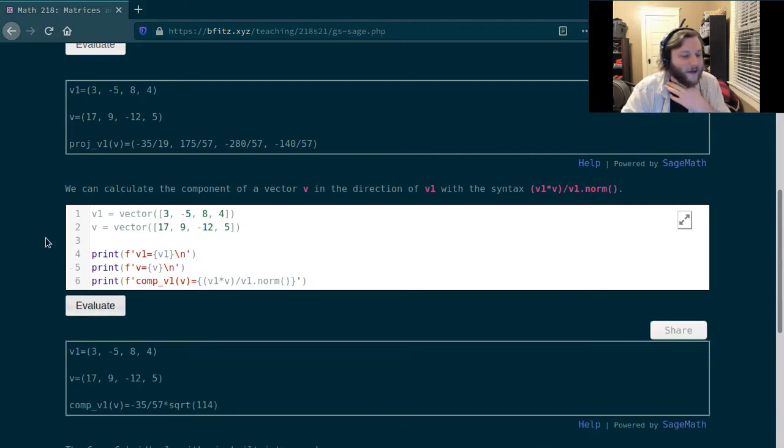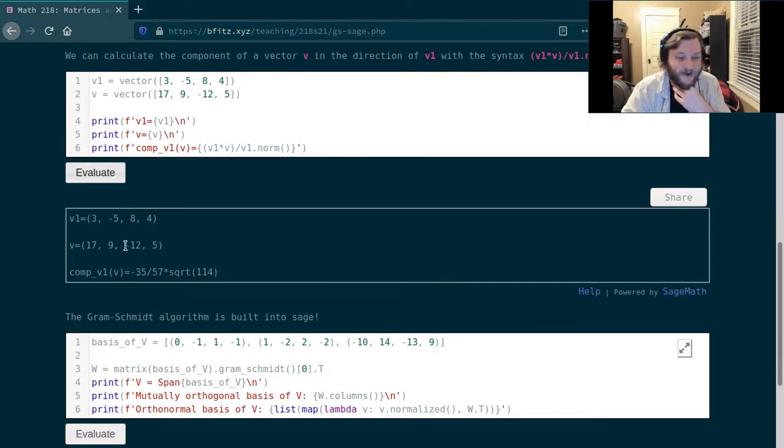If we click evaluate, v1 and v will print out again so we can check that we input our data correctly. And then this will give us the component of v in the direction of v1. Here we see that component is the scalar given by negative 35 over 57 times the square root of 114. Remember, the fact that this scalar is negative tells us that when we project v onto v1, we'll get a vector that points in the exact opposite direction of v1.